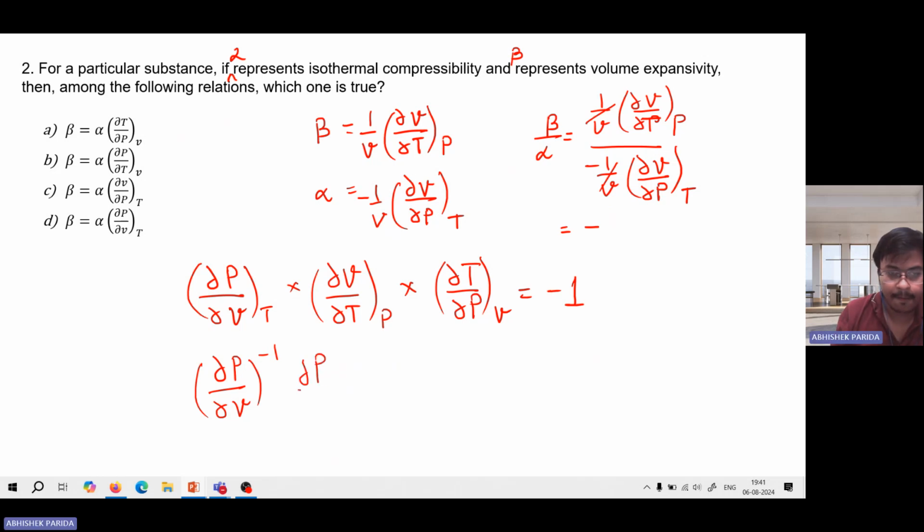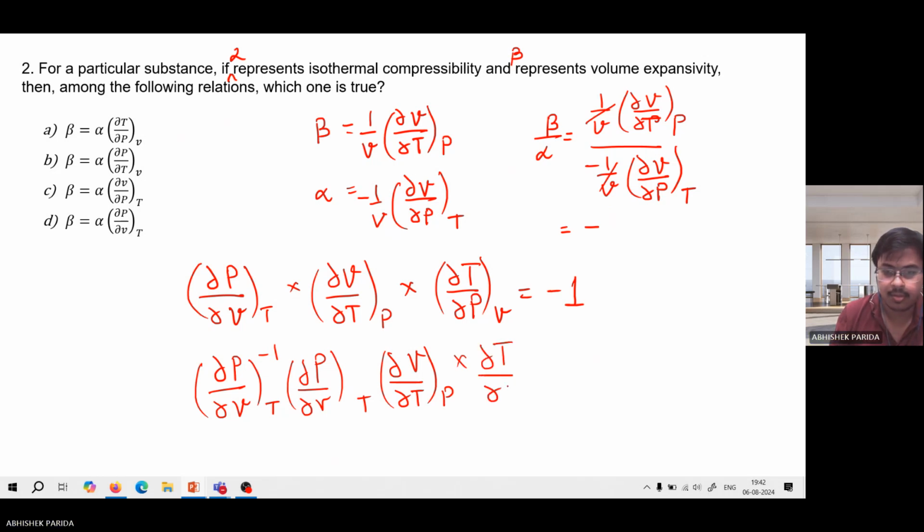Dou P by dou V at constant T is equal to dou V by dou T at constant P into dou T by dou P at constant V, minus sign, equal to dou V by dou P at constant T. So this and this will cancel out.